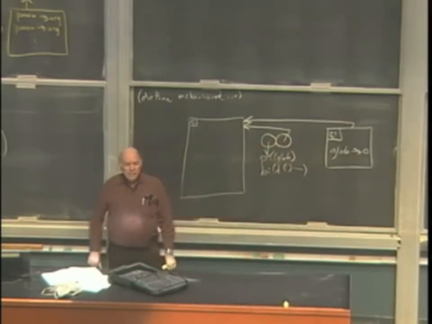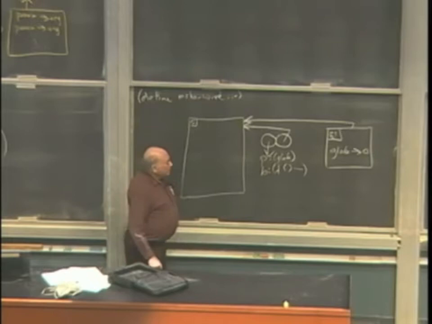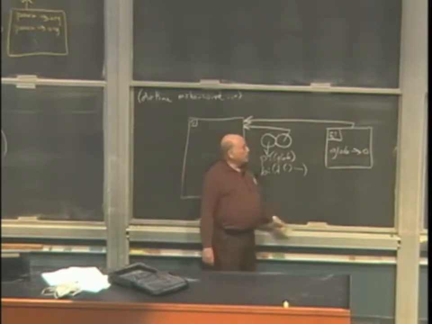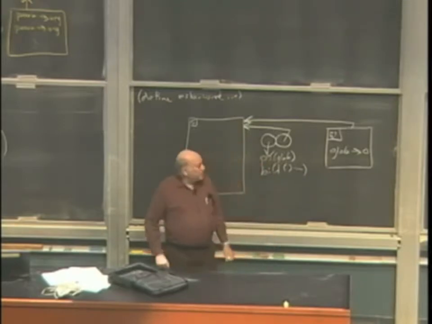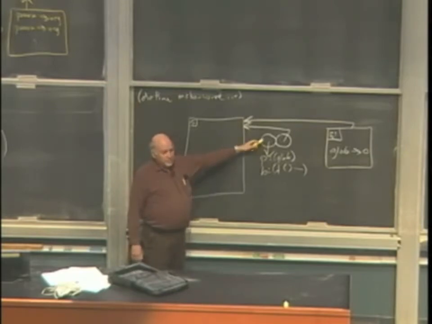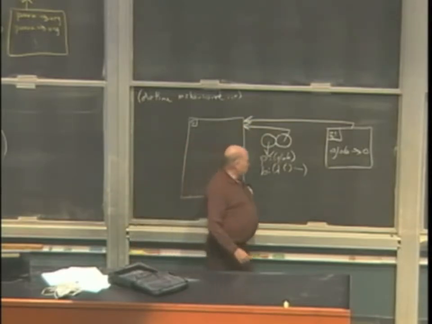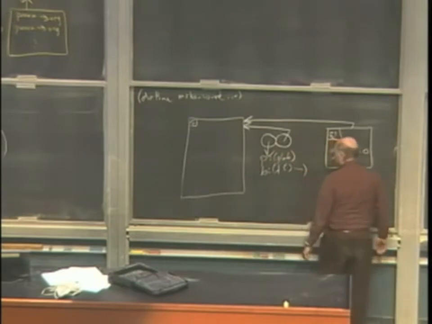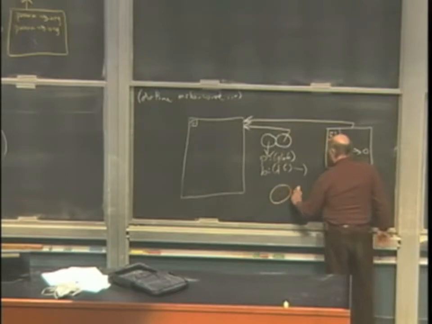So now that I've made this new environment, I'm going to say, OK, with E1 as the current environment, evaluate the body of this procedure. By the way, does this procedure have a name? No. Nothing points to it. We just create it, we invoke it, and we're never going to use it again. So the result of invoking it, because the body is a lambda, it's going to make a procedure.